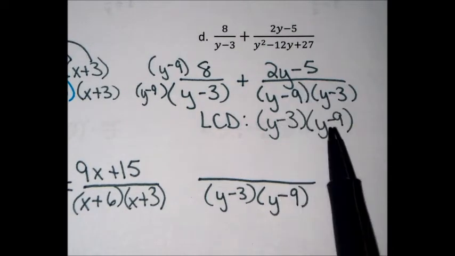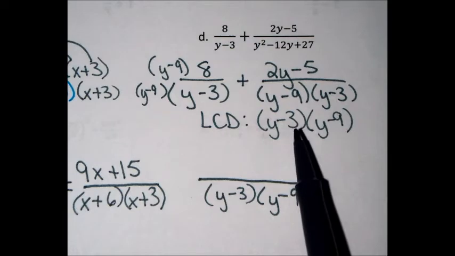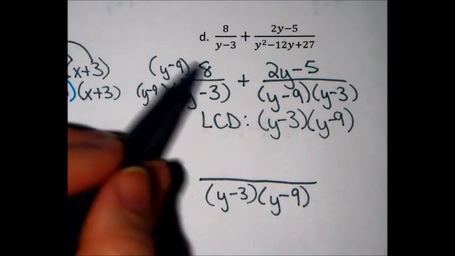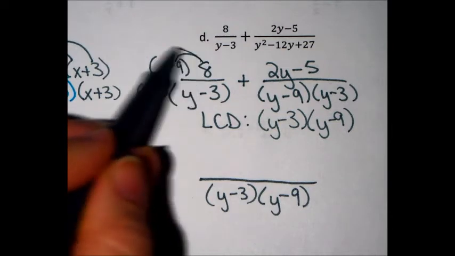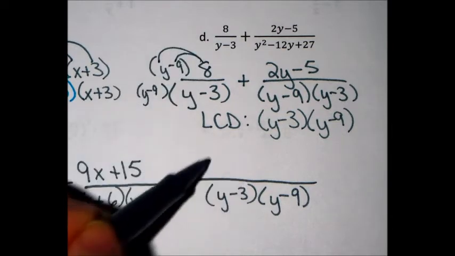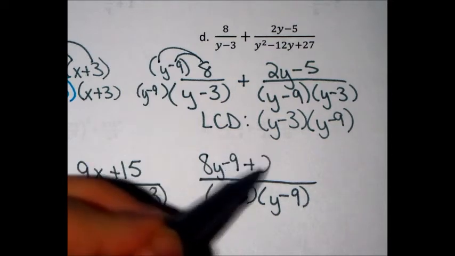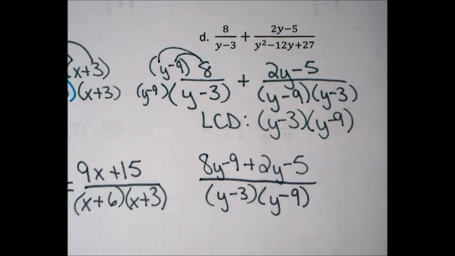Over here, this one is not missing anything from the common denominator. It already has both of the terms, both of the factors. So I have 8 times 9, negative 9, and 8 times y, plus 2y minus 5.